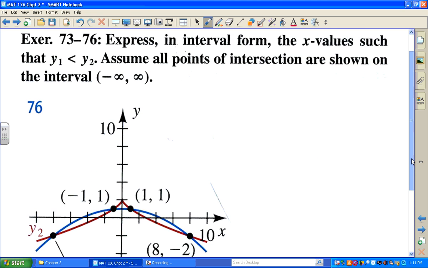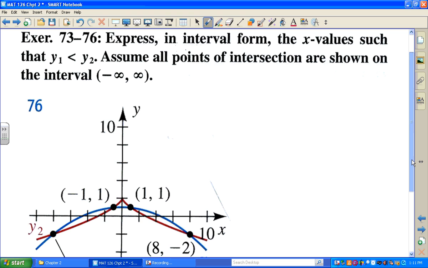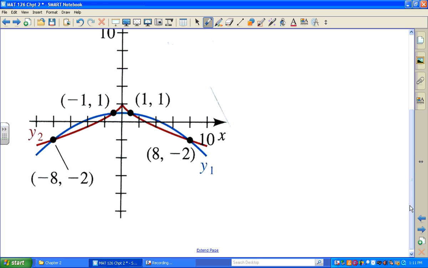All right. Expressed in interval form, the x values such that, oh, I know what's happening. y1 bigger than y2. So you need to write intervals in which the graph in blue, oh, sorry.